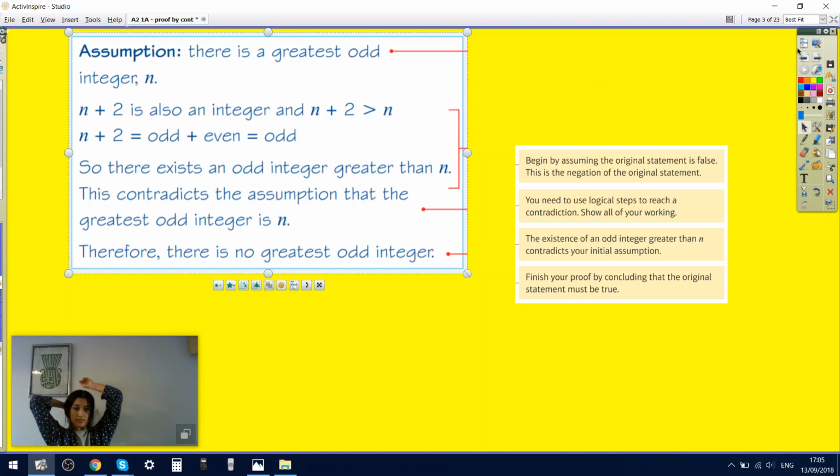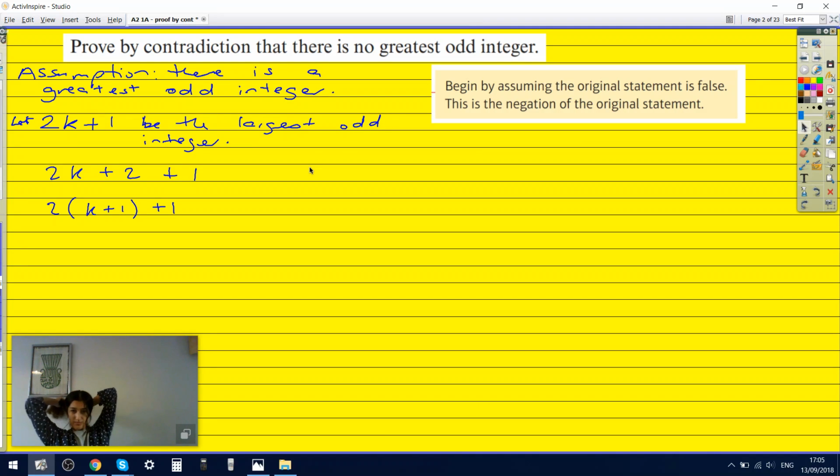It's so simple that it's difficult to break down. So add 2, and then you just have to show that it's odd. What's the last thing you would have to say? Therefore, then just repeat the statement. There is. Yeah. Okay.